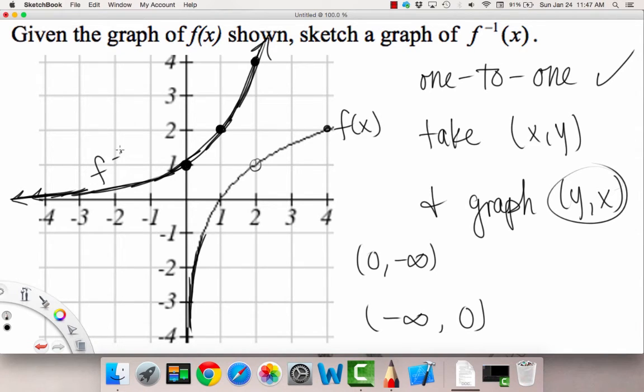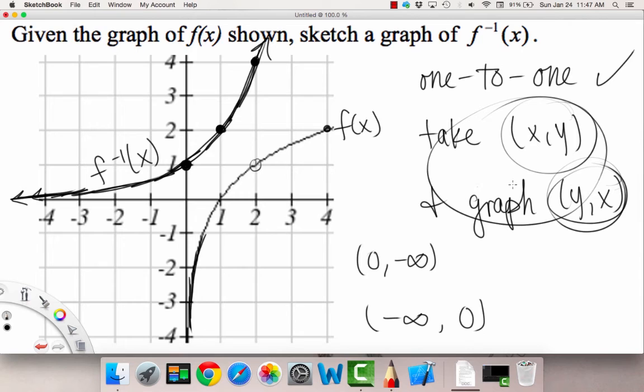So this one that I just drew is our inverse of f. And something important to note, it's kind of cool, I think, but what we did, essentially, by taking our original xy points and swapping the coordinates, swapping our inputs and outputs in order to get the graph of our inverse, is basically reflect things.